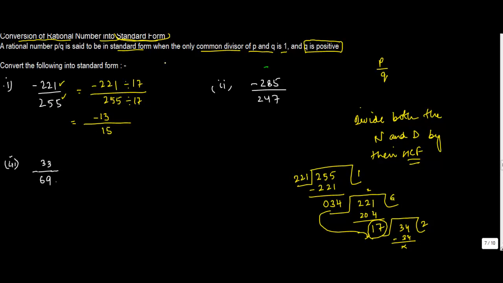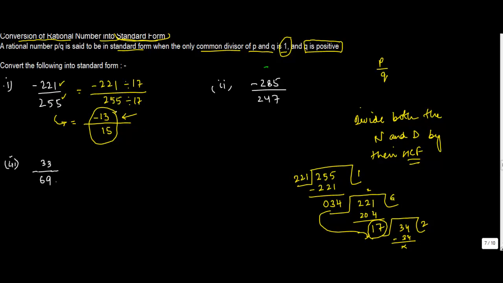We know that when you divide both the numerator and the denominator by a common number, the result remains unchanged. So minus 221 upon 255 is equal to minus 13 upon 15. And if you notice, the only common divisor of p and q is 1. There is no other number which divides both p and q other than 1.